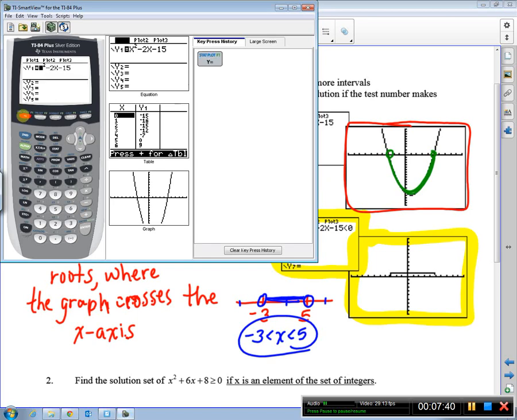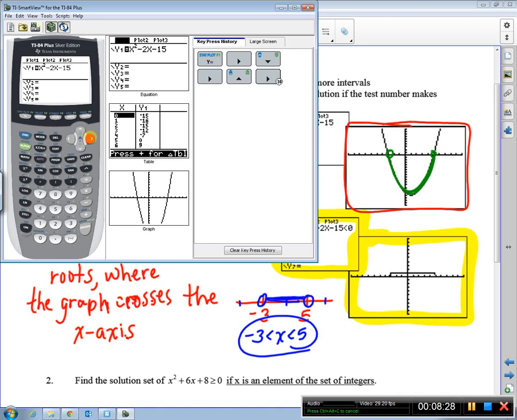So I'm still going to go to the y equals, and I've got the quadratic in there already, so I'm going to arrow through it, although it's just very unresponsive. Get all the way to the end of the 15.